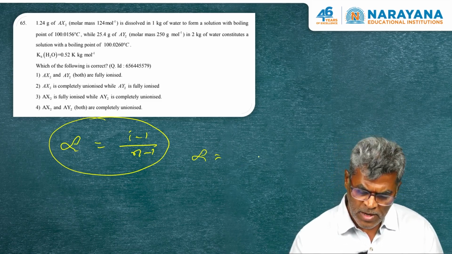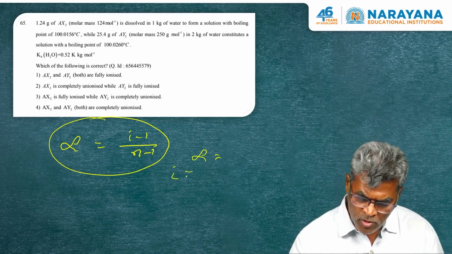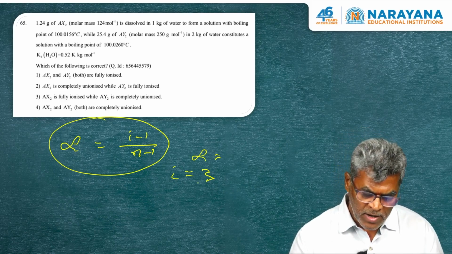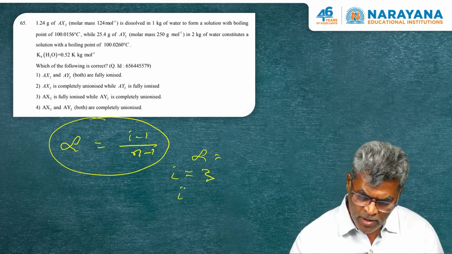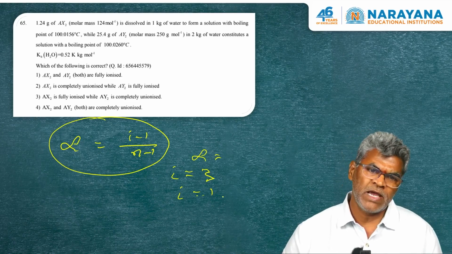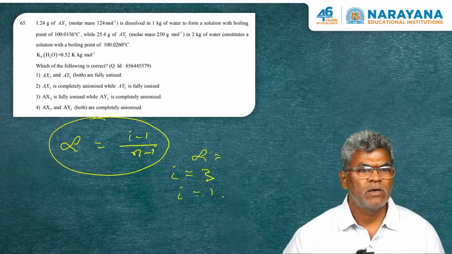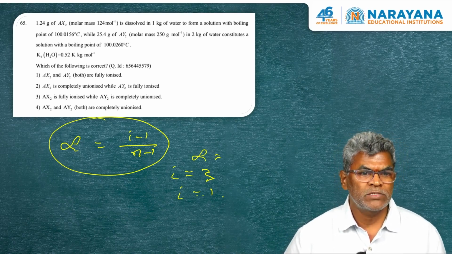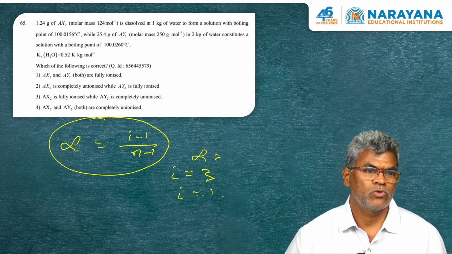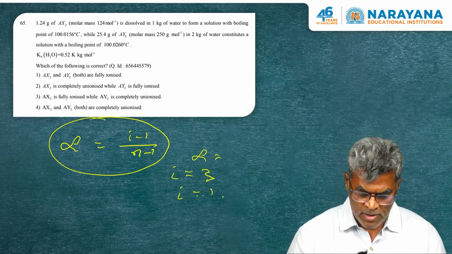And next, i is becoming equal to 3, and for the next compound i is equal to 1. So, AX2 compound completely dissociates, whereas AY2 compound is completely unionized. So, it is a non-electrolyte. So, option will be 4, right.